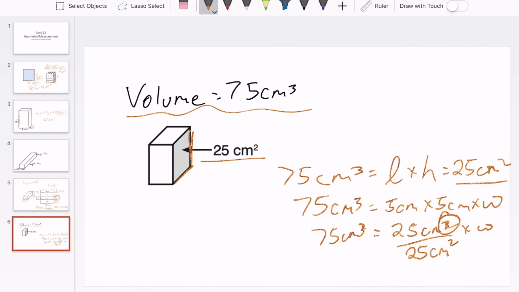This squared and the squared on the 25 centimeters are going to cancel each other out, and I'm left with 25 and just centimeters. You could write a little 1 there, but that doesn't mean anything. It just means there's 1 centimeter, so you don't have to write a 1. Then I divide that, and I end up with 3 centimeters. So I know that the width is equal to 3 centimeters.